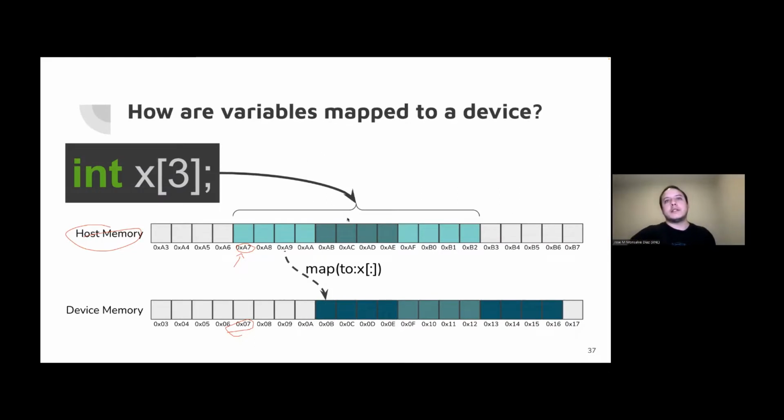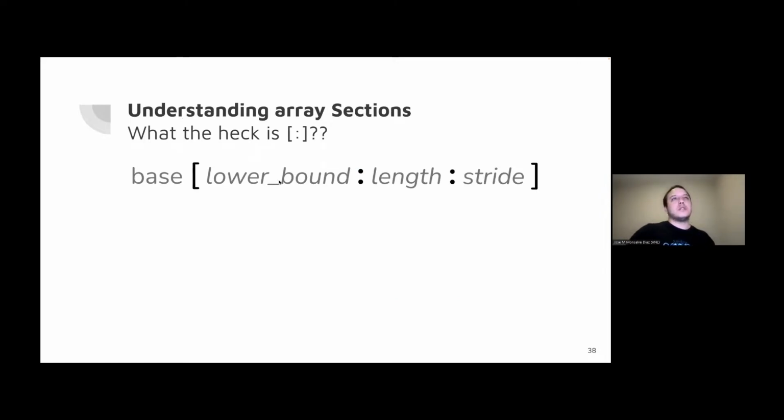So as you notice here, and as I said earlier, there is this weird notation that I have with the colon, right? A number before the colon, and a number after the colon. That is what is referred to as array sections notation, right? So what the heck is this thing that you're writing there?